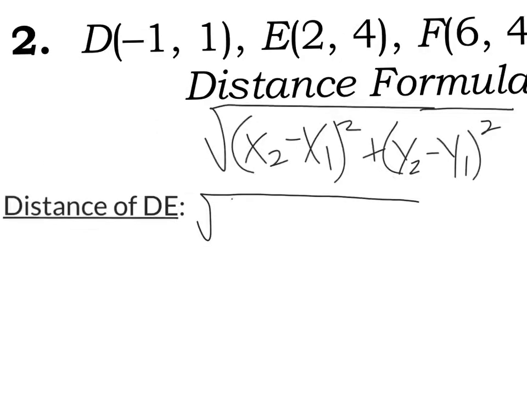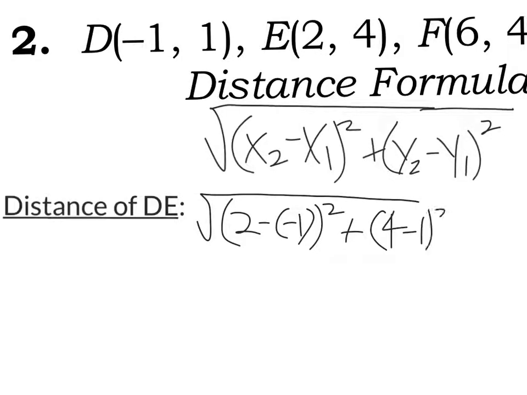So x2 would be 2, x1 would be negative 1, so 2 minus negative 1, make sure you use parentheses, squared plus y2 minus y1, so that would be 4 minus 1, and then we're going to square that. And so you're welcome to type this into your calculator and get it to the nearest thousandths place.